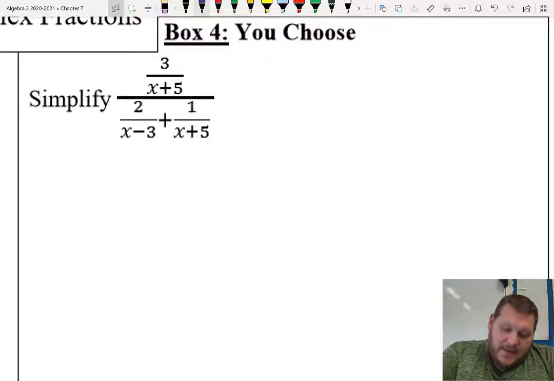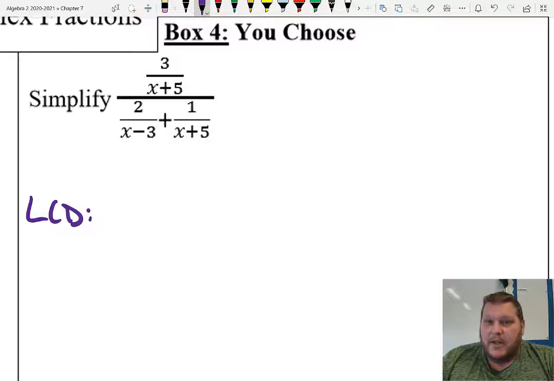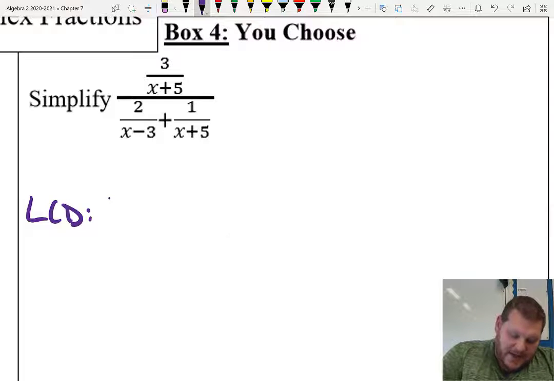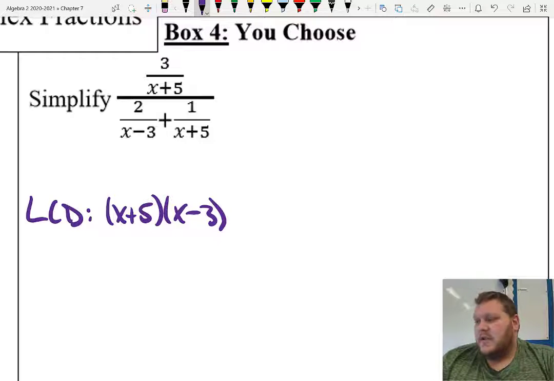So if I'm going to use that method for this one, my LCD is anything in my denominators. So I have x plus 5s, and I have an x minus 3, and that's it. Those are the only two terms, two parentheses, two factors that show up in my denominators.